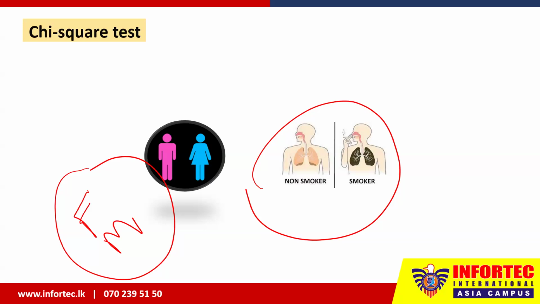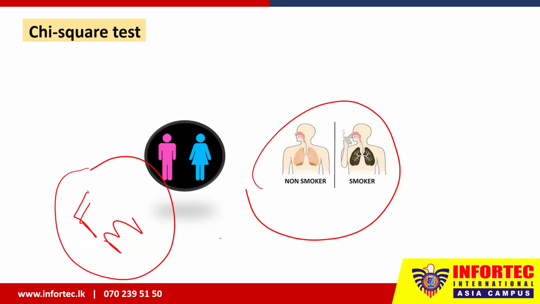So when you are considering this example, suppose there is a particular objective in your research: you want to assess whether there is any association or relationship between gender and smoking habit.